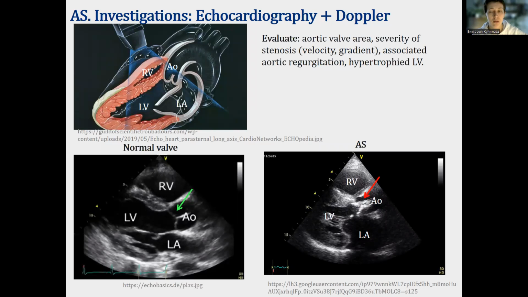We can evaluate aortic valve area, severity of stenosis, velocity, gradient, associated aortic regurgitation, and hypertrophied left ventricle. Next, you can see real pictures of a normal aortic valve on the left, and aortic stenosis on the right.